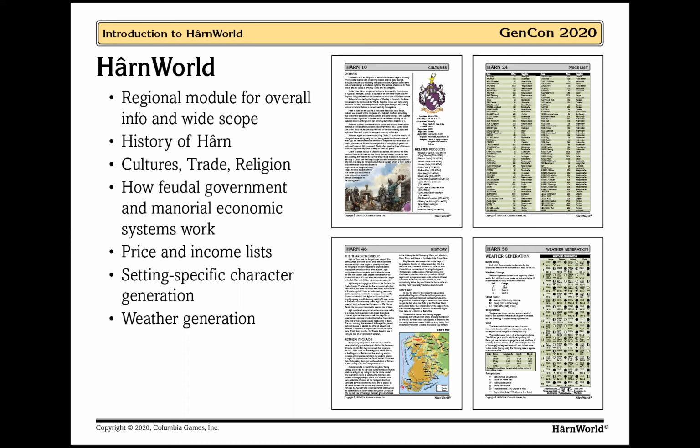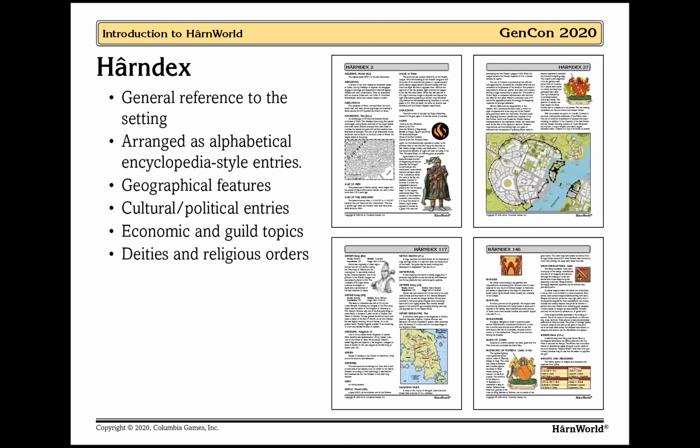And then the next level down is the Harndex, which, as I mentioned, is an encyclopedia. So it's listed alphabetically, with entries for geographical features, cultural and political entities, the deities, the religious orders, economic issues, guild topics, that sort of thing. Each of the cities would have a little bit of information about it.